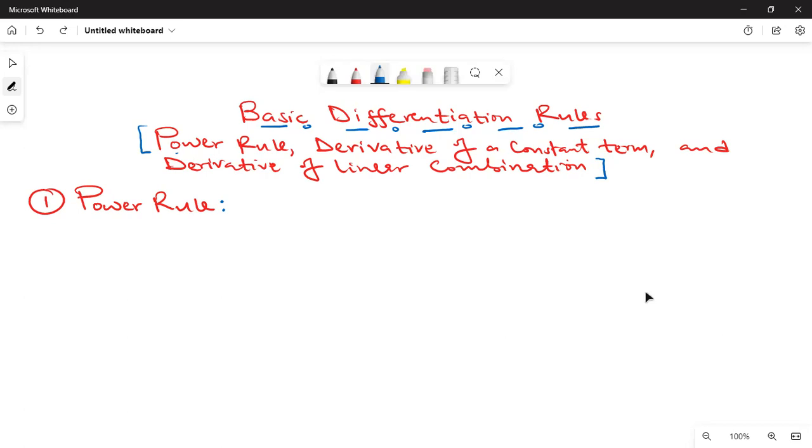To start with, let us look at the first rule, that is the power rule, and this is how it states: if y is equal to x raised to n, where n is a real number, then dy over dx is equal to n times x raised to n minus 1.